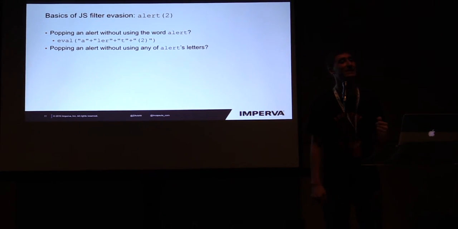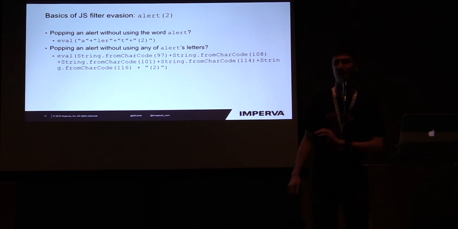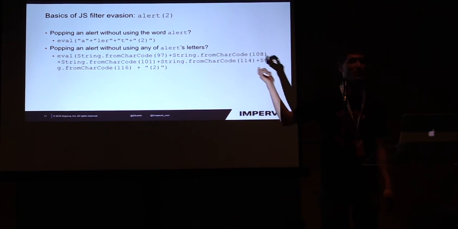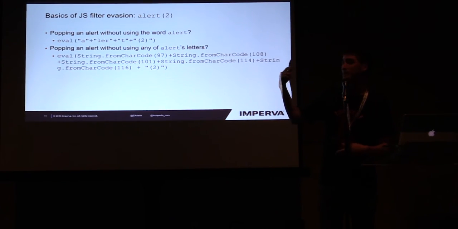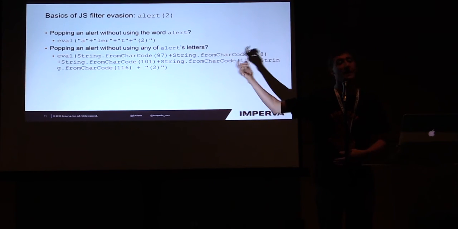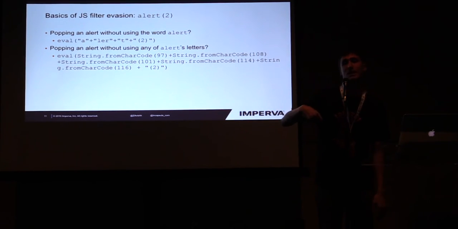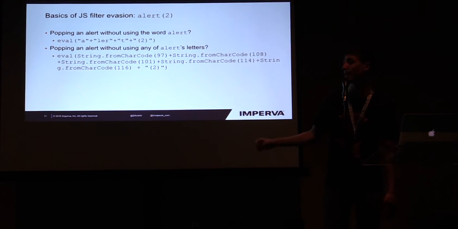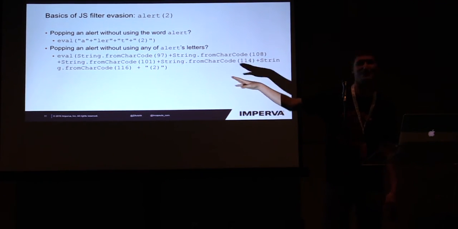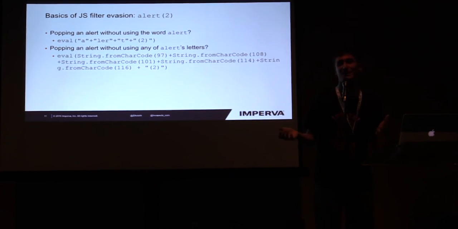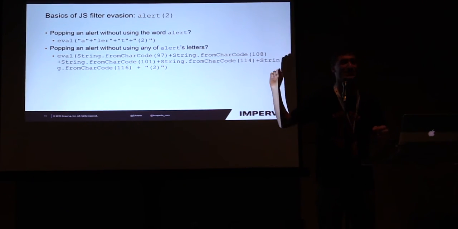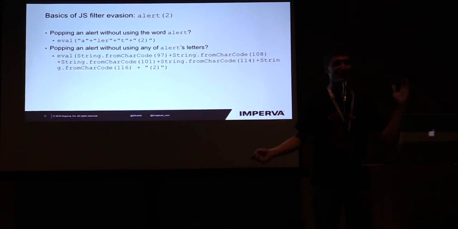Yeah. Sorry? The \x. Backslash x? Right, and then the x values and all those characters. Yeah, something like this. Here I'm using a function, String.fromCharCode, that translates the character encoding, the ASCII encoding number, into the character. And then I evaluate it. I could also use it in the last part, but I was restricted to not use any of alert's characters, so there was no problem with the two.